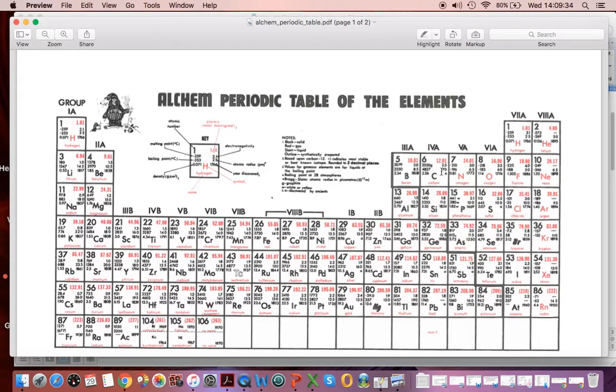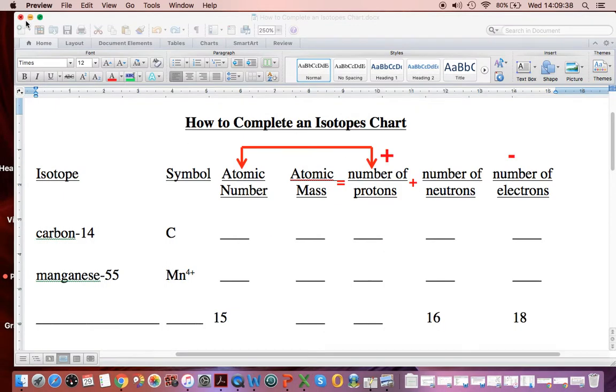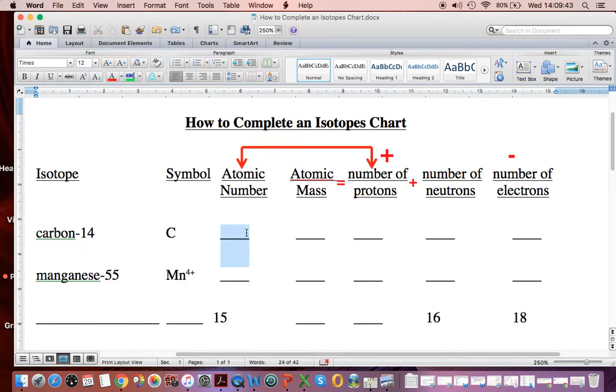and there is carbon living at spot 6. I'm going to write down 6, and since I had a 6 for atomic number, I have 6 protons.